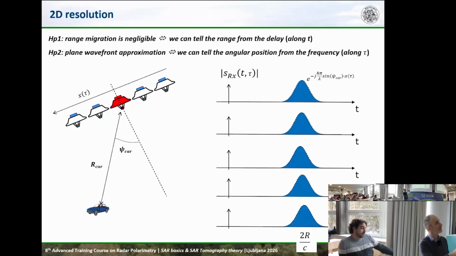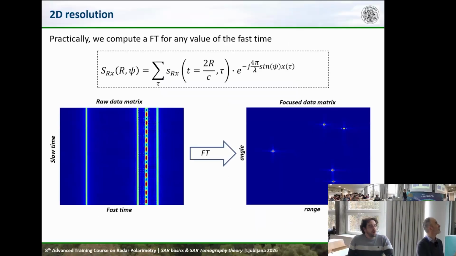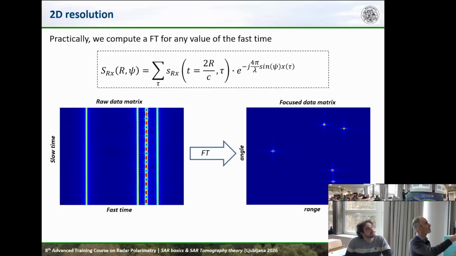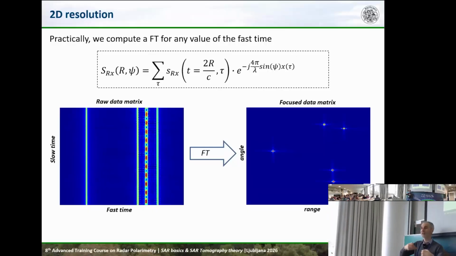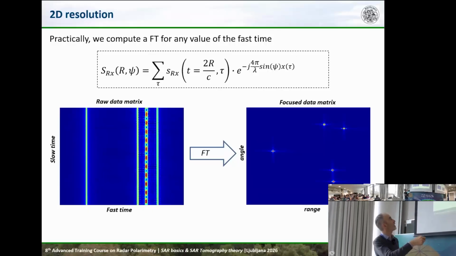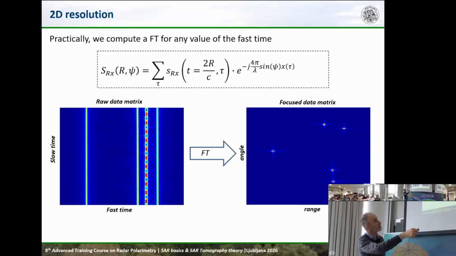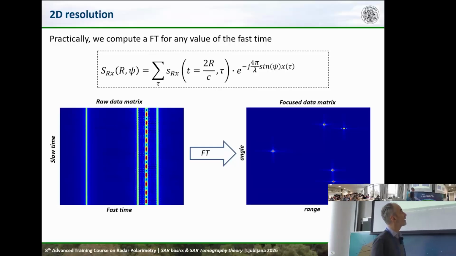So, say, if I simulate this experiment, this is what I get. In this case, I have target number 1 and target number 2, target 3, number 4. If I run a Fourier transform with respect to the positions of the antennas, which in this case means vertically, then you see that I am forming peaks in a 2D space.